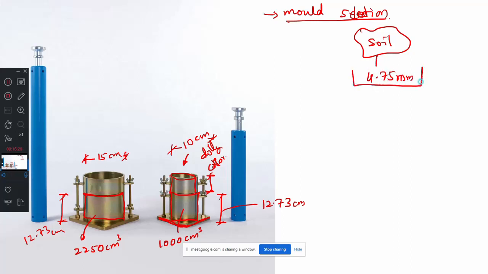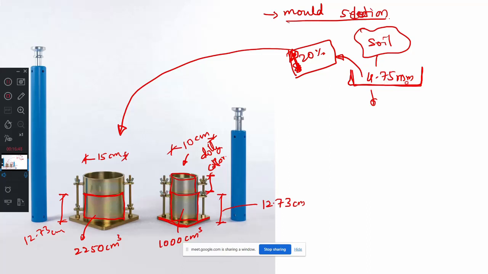If more than 20% of the soil is retained on the 4.75 mm sieve, then you use the bigger mold.